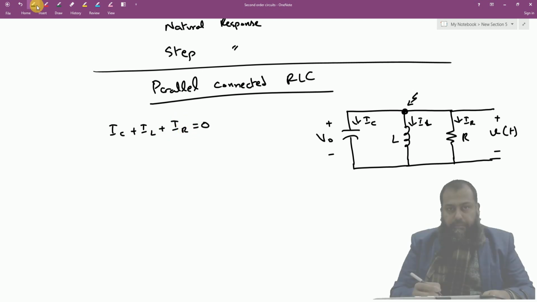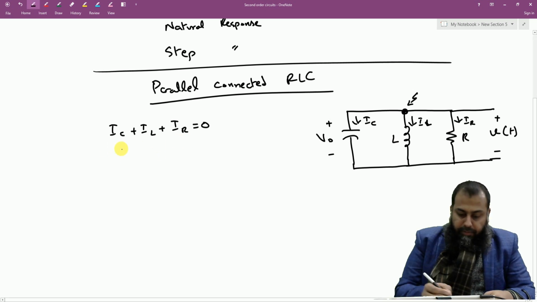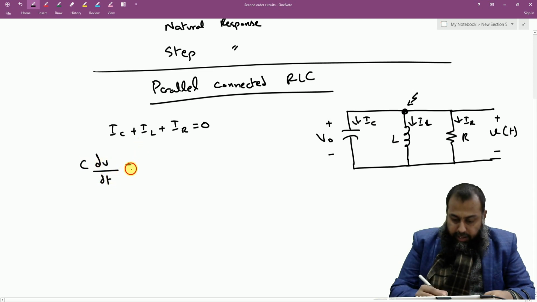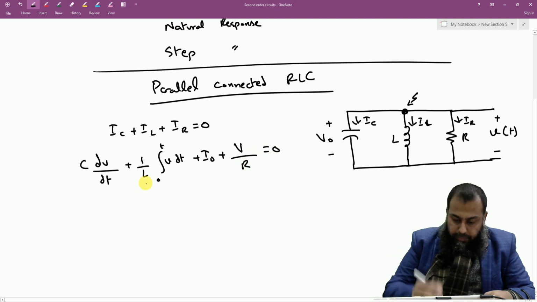Now using the basic expressions of these three elements, I_C is equal to C dV/dt. I_L is (1/L) integral from 0 to t of V dt plus I naught, and V over R, and that is equal to 0.